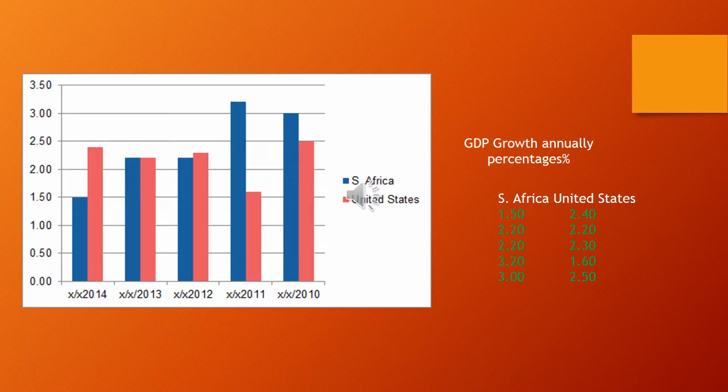They did have a brief while there in 2011 where they dropped down to 1.6%, but it looks like they're rebounding in 2014 to 2.4%. So definitely just some major differences. And once again, like I was pointing out earlier, that 1.5%, I'm sure it's gone down significantly. It looks like the real GDP growth rate for 2015 was 1.4%, as I'm looking at my notes from the World Factbook. So for that 2015 estimate, it was 1.4%. So you can see it's still on a decline.